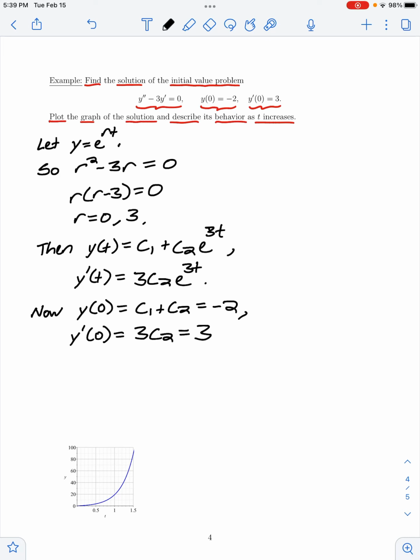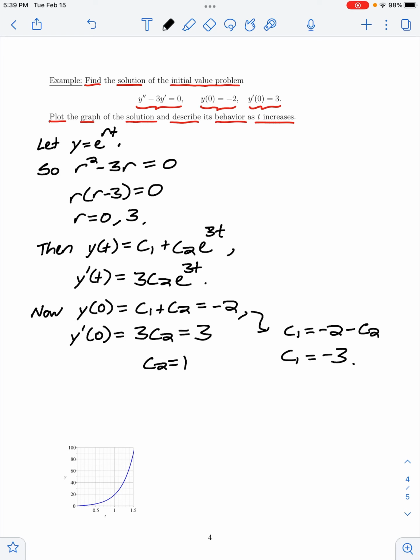So it follows right away from the second equation that c2 has to be 1. And then using my first equation, we know that c1 is negative 2 minus c2. So if c2 is equal to 1, then c1 is negative 3.